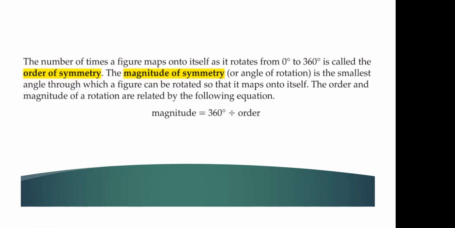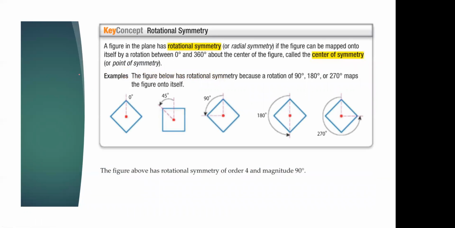Okay, and remember that's the number of times the figure can map onto itself as it rotates from 0 to 360. So here we have this figure, and you turn it, and it's moved. You can turn it 4 times, and then you end up with the 360. So this figure has a rotational symmetry of 4 and a magnitude of 90.